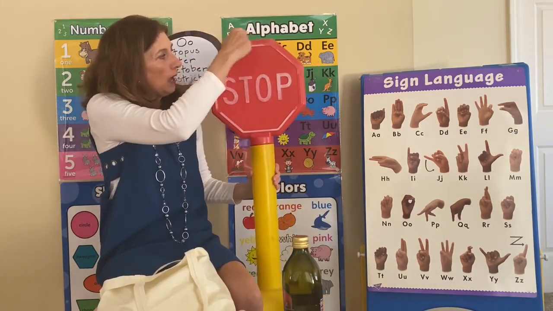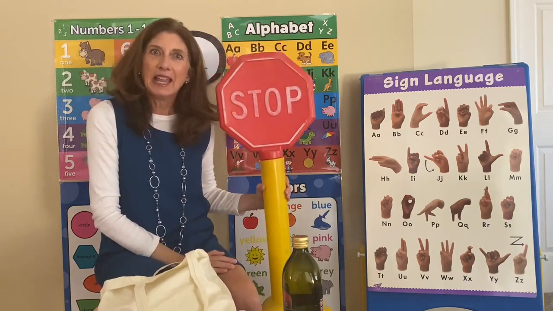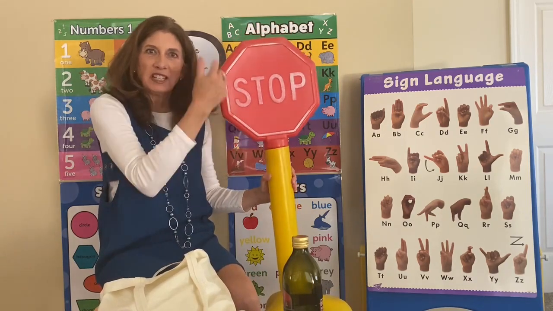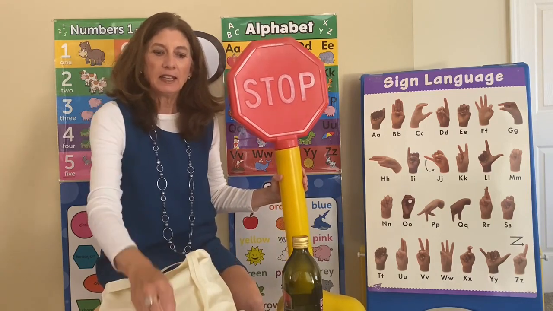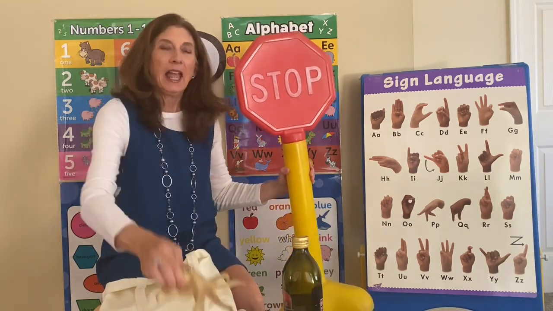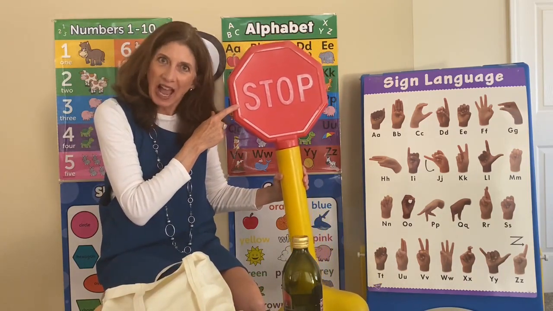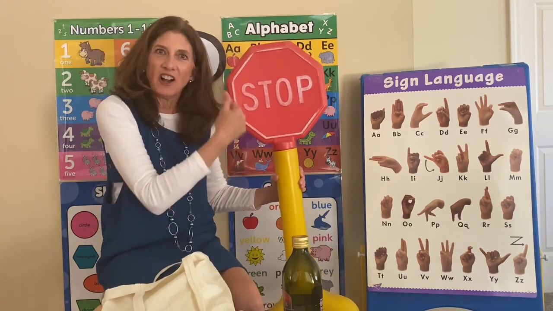It has 1, 2, 3, 4, 5, 6, 7, 8 sides. Do you know what an 8-sided shape is called? It's called an octagon, kind of like an octopus has 8 legs. An octagon has 8 sides, and all stop signs are octagons.